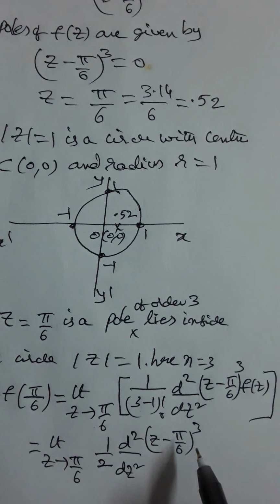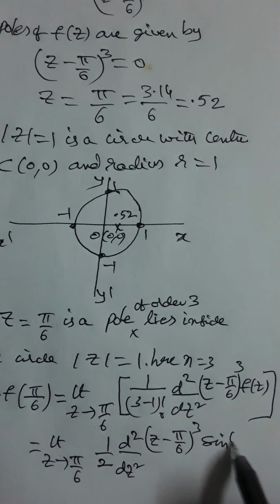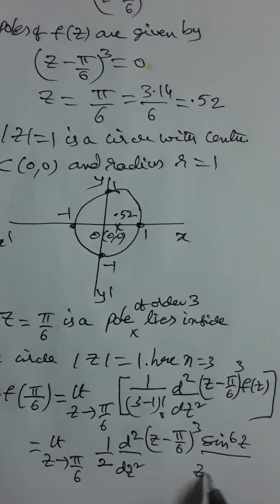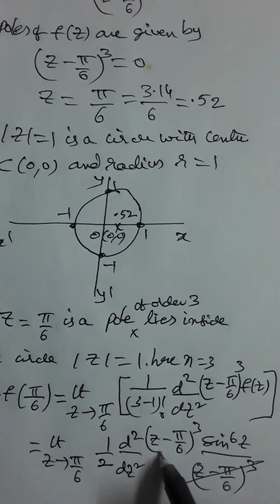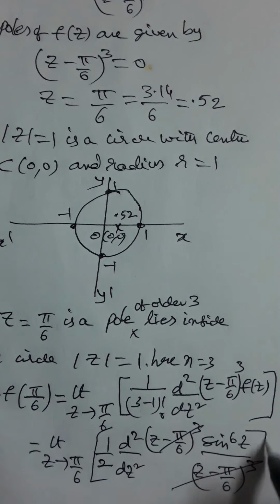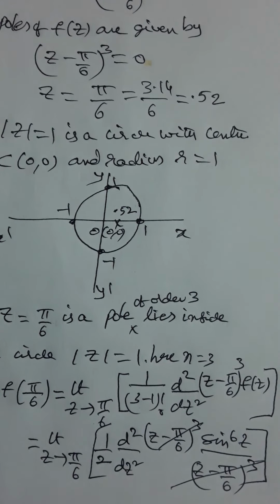Here f of z is sin to the power of 6 z by (z minus pi by 6) whole cube, so the factors cancel. Take common 1 by 2. Limit z tends to pi by 6, take the first derivative with respect to z.